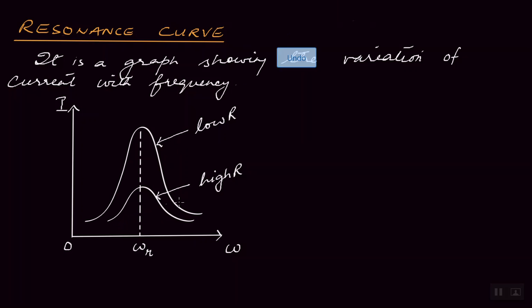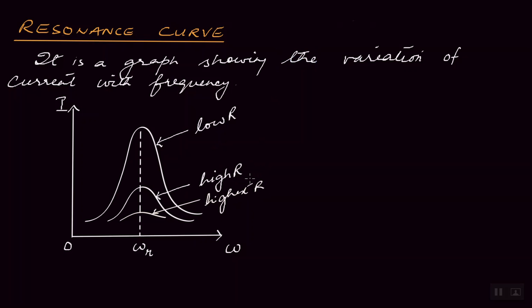Okay, let me take a white color. So we have one more curve, something like this. All right, so you can see here that this curve, the third one, is even more flat. Why? Because this has the highest value of R compared to the other two.